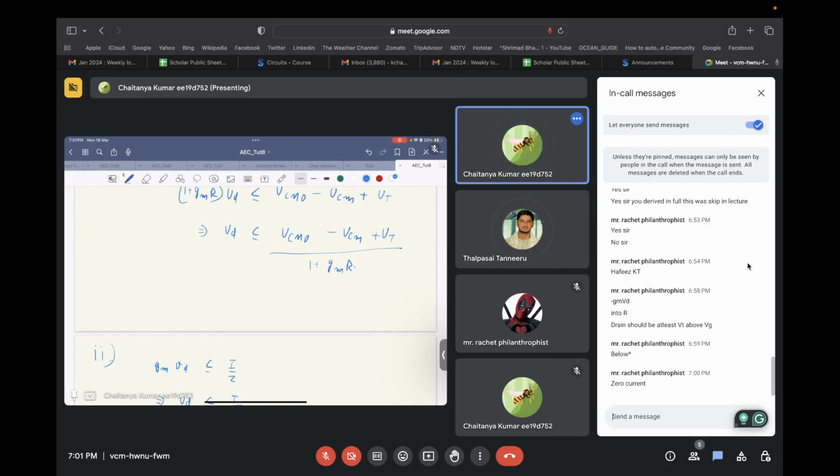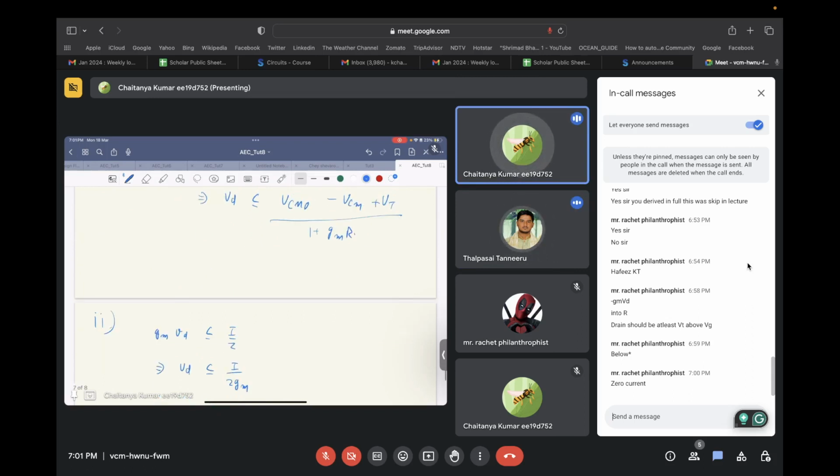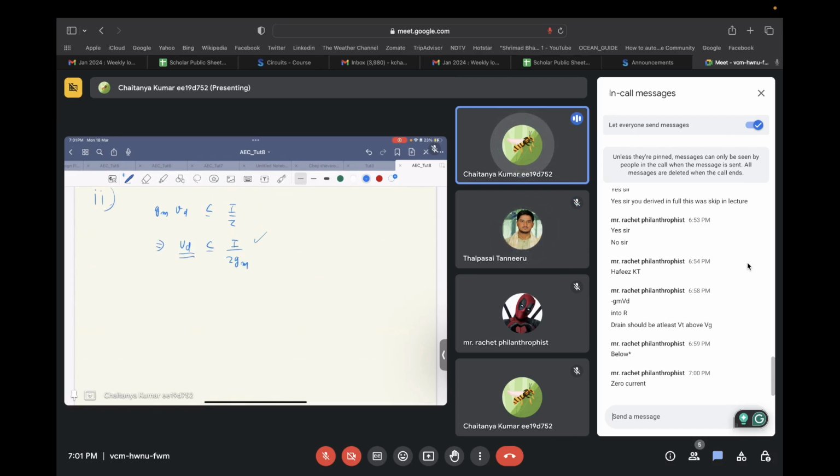Now, generally, these are the hard limits. After this, your op amp, your differential amplifier, will become useless. But even if the hard limits are not hit, you are still in the range of active operation.